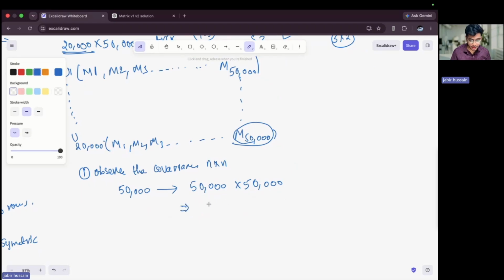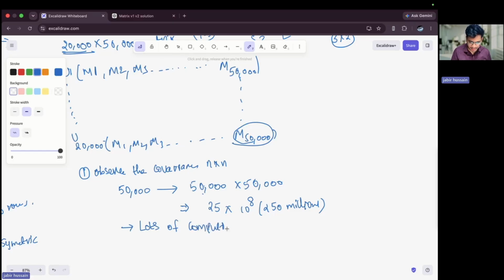So it will be around 25 into 10 to the power of 8, so it is around 250 million operations if you see here. So here we will have 250 million cells.